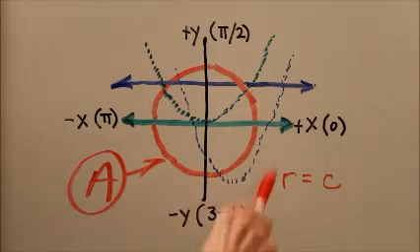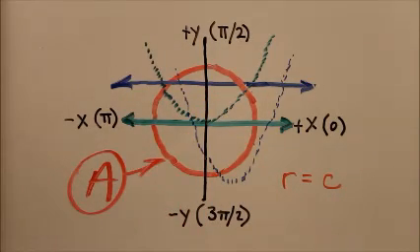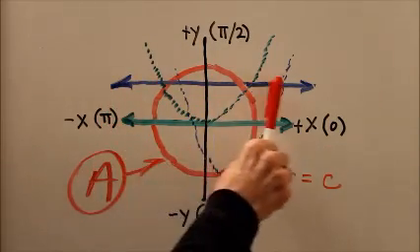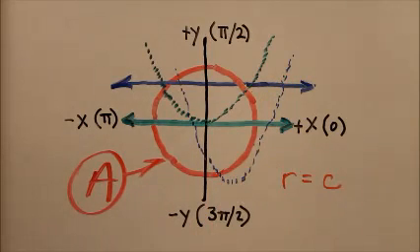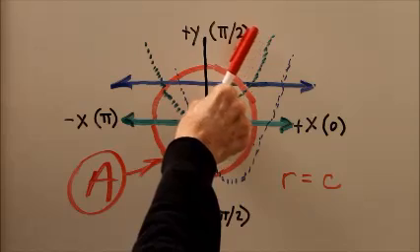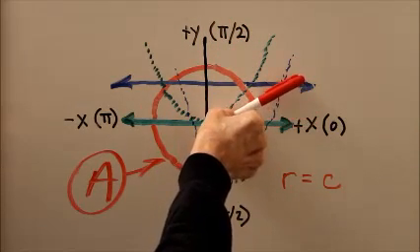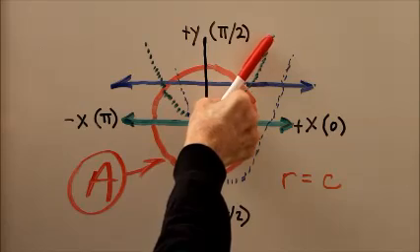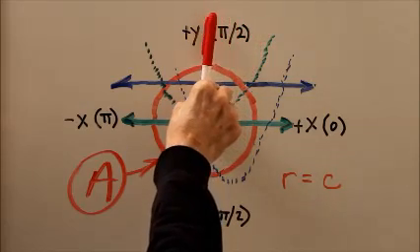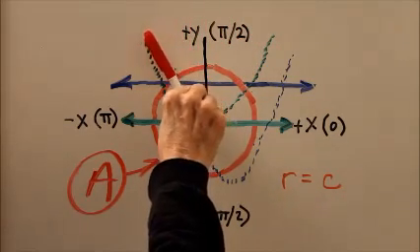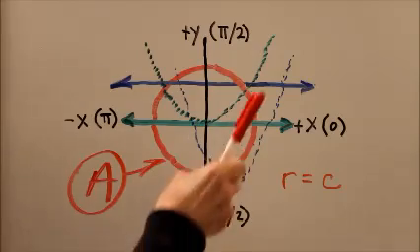You can check each and every one of them according to the vertical line test for Cartesian coordinates and according to the test for polar coordinates, which involves considering each value of the angle and seeing how many values of the radius there are.